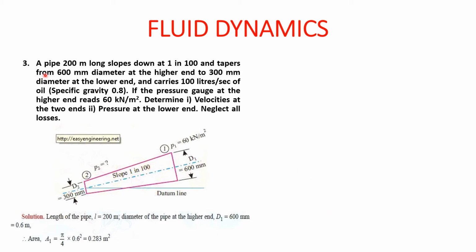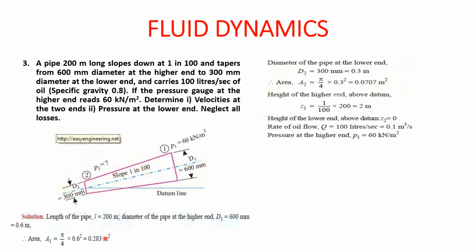So in this, the solution of this particular problem now is, length of pipe is given to us, that is 200 meter. Then diameter of pipe at higher end is 600 mm, that is 0.6 meter. Area is equal to pi by 4 into 0.6 square, so we get this value as 0.283 meter square.